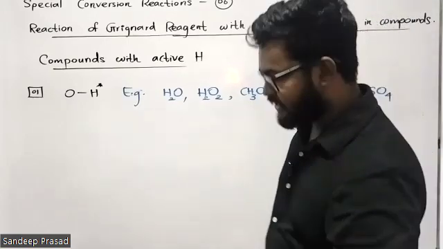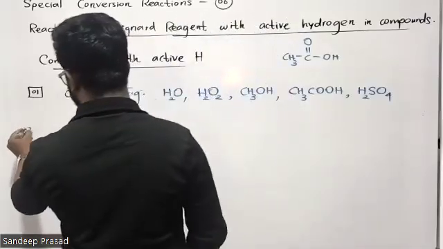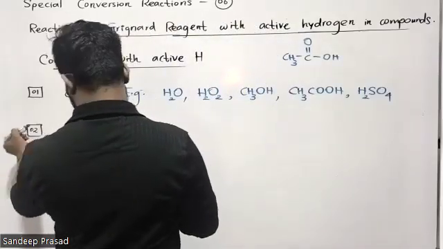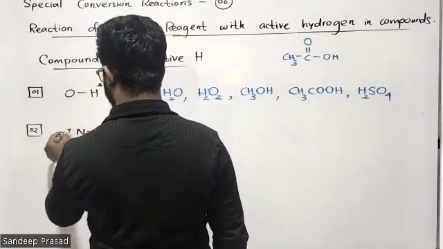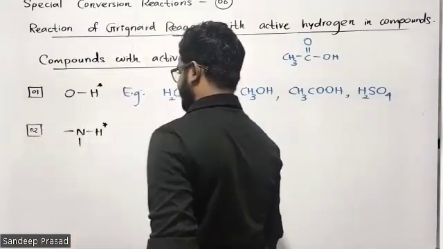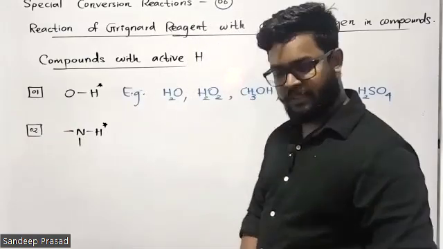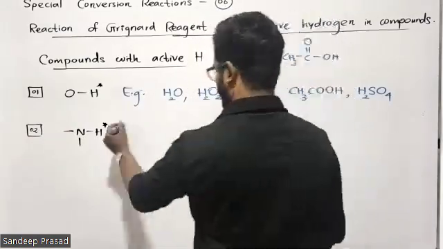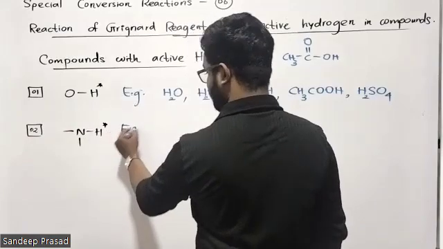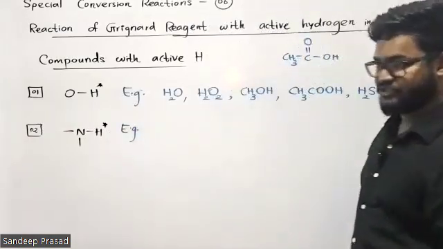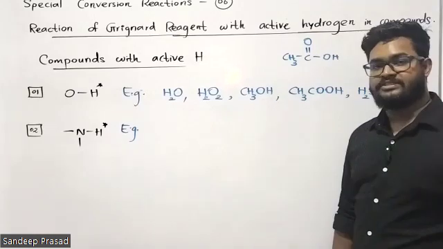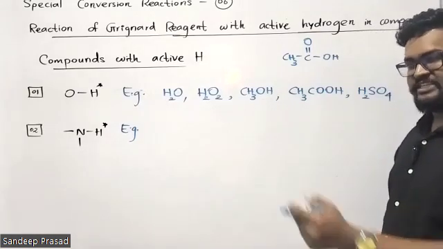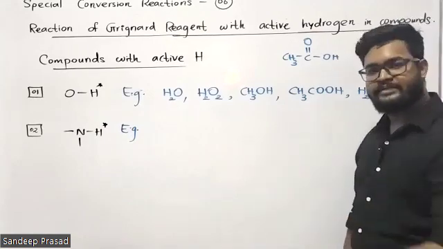Like in OH, remember the second type is NH, hydrogen which is connected to nitrogen. What are the examples? In organic chemistry, amines, primary, secondary and tertiary, also have active hydrogen. They are considered as bases, but hydrogen can eliminate.